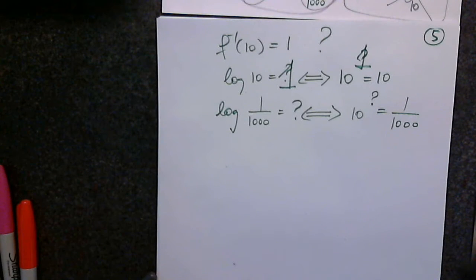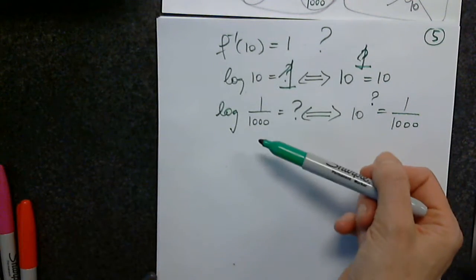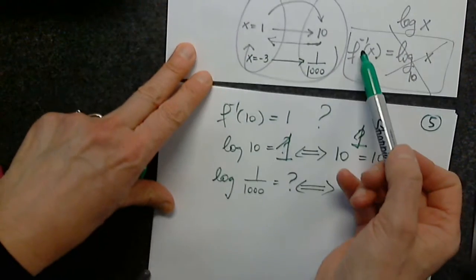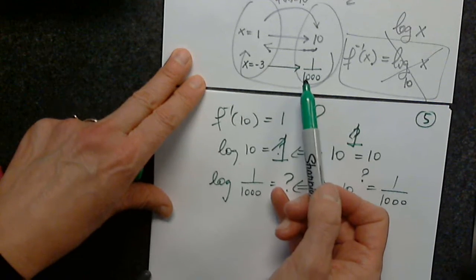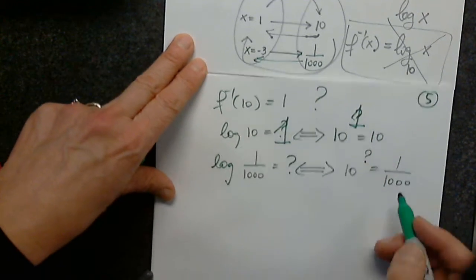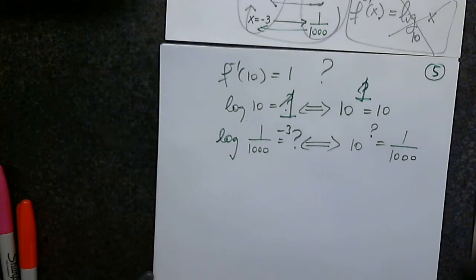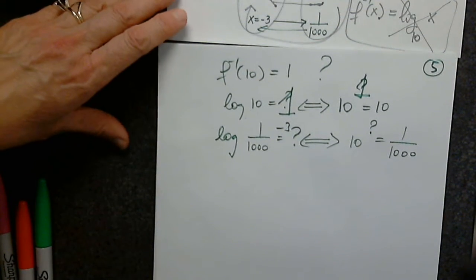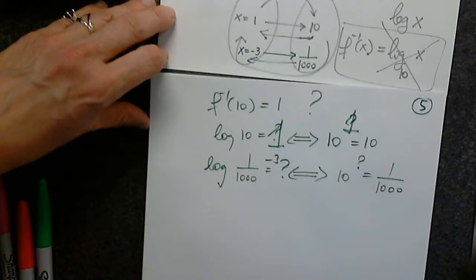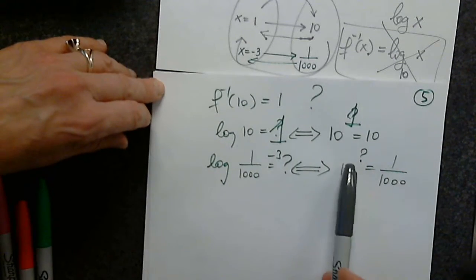So what is log of 1 over 1,000 equal to? So when I apply the inverse function to this number, what do I get back? There is no chance, other than -3, I can't get anything else. So that's how the mechanism works. Any log equation can be changed into an exponential, and any exponential can be changed into a log. You can always go back and forth.